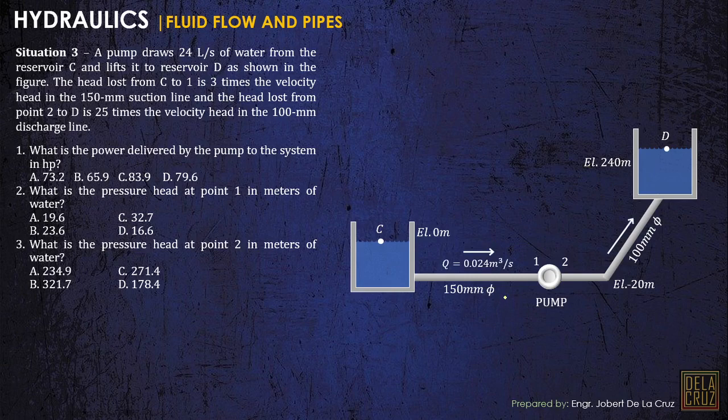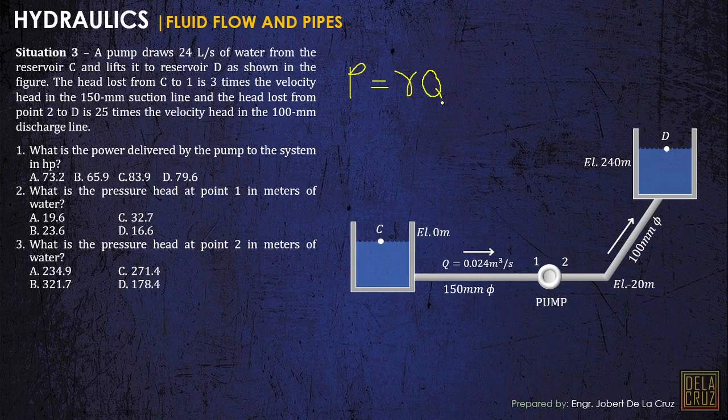Now, to calculate the value of the power of the pump, we need to calculate the head added of the pump, because power, hindi ko pala to napakita, no? Power is equals to unit weight times the discharge, or just the weight flow.